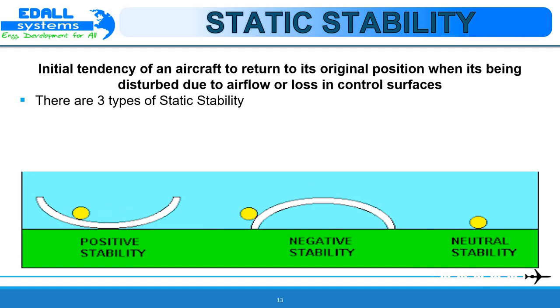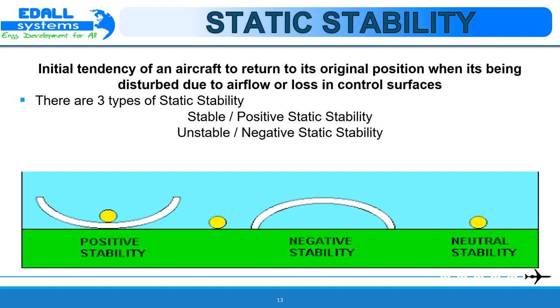Its moments are zero. It is in equilibrium. If the marble is now disturbed to another location, the moments will still be zero and it will still be in equilibrium. Such a system is neutrally stable. Hence, we have stable or positive static stability, unstable or negative static stability, and indifferent or neutral static stability.